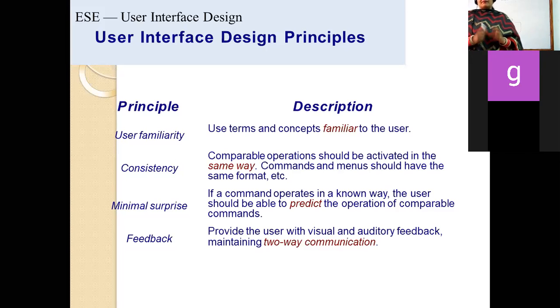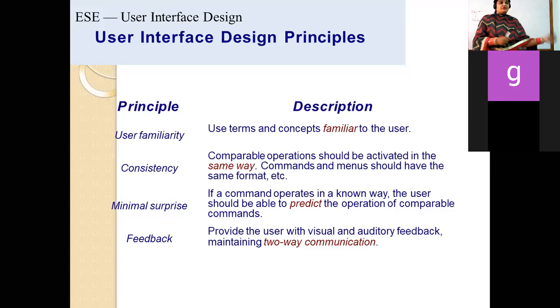Consistency. Comparable operations should be activated in the same way. If these are comparable operations, they should be implemented in the same way. Commands and menus should have the same format. There should not be a different format for different commands and menus.